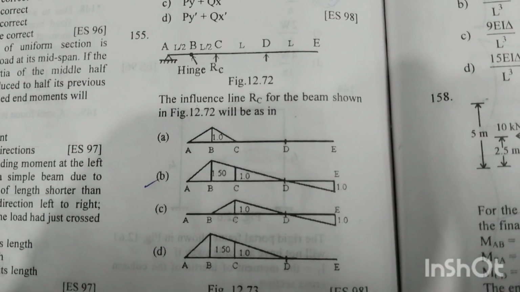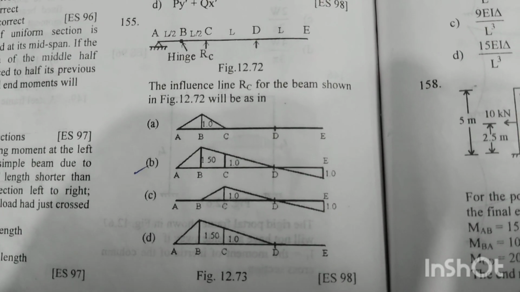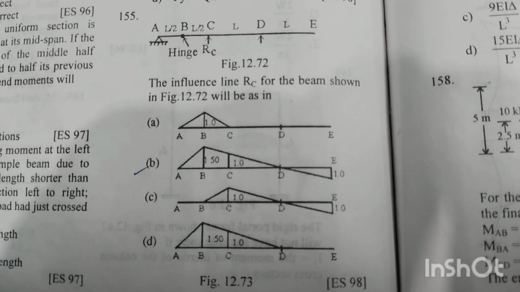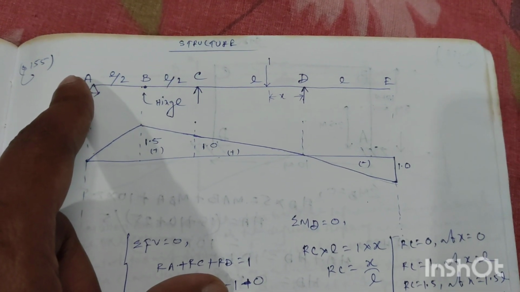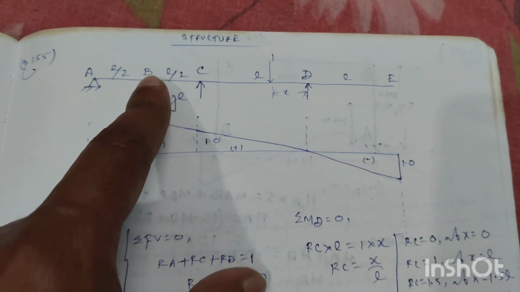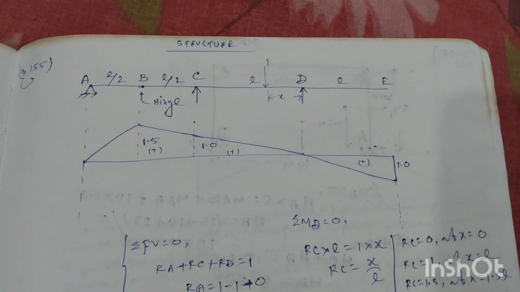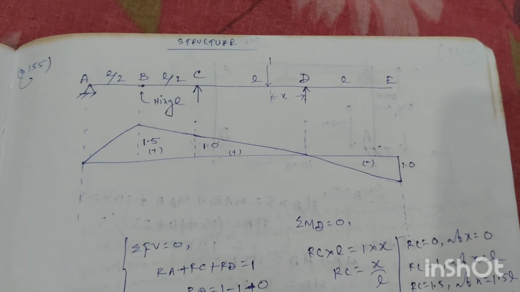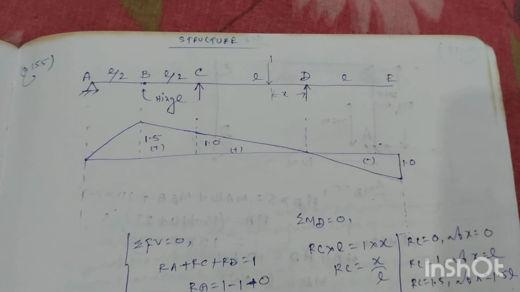Question number 155. The influence line for RC for the beam shown in figure 12.72 will be as in. A continuous beam with one end overhang, that is DE, and subjected to an internal hinge at point B. Now we have to draw the influence line for the support RC.